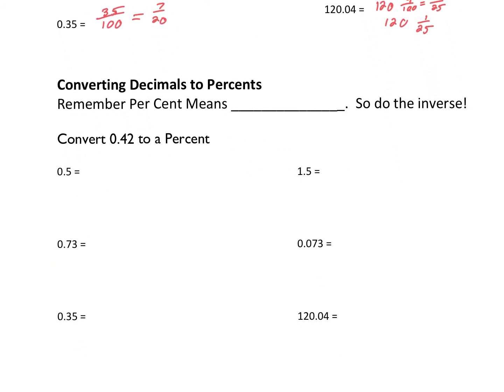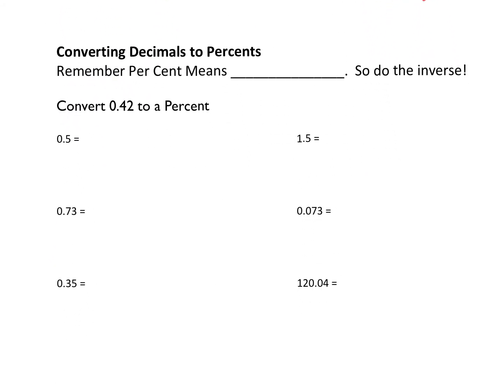Now let's convert decimals to percents. Remember the word percent? Percent means per 100. Well, percent is divided by 100. So instead of starting with a percent, we're starting with a decimal.